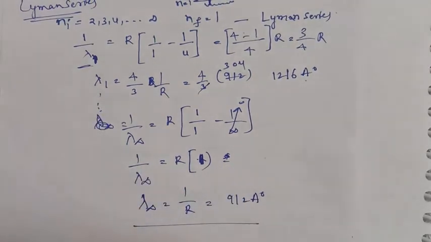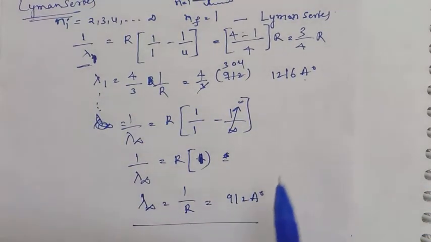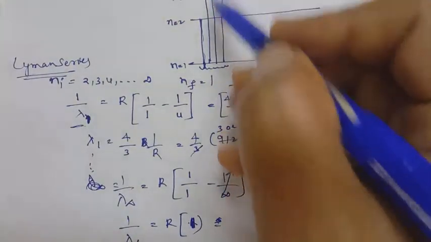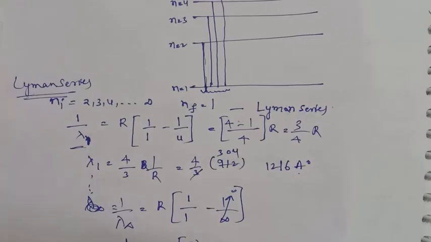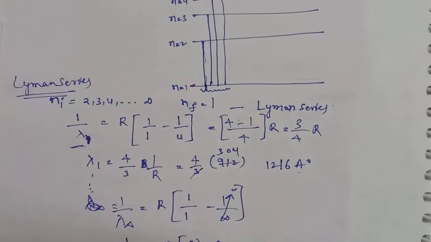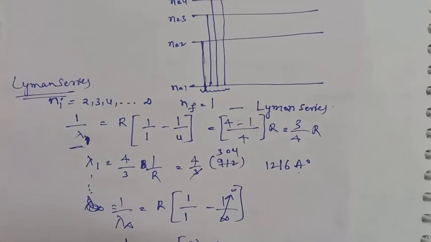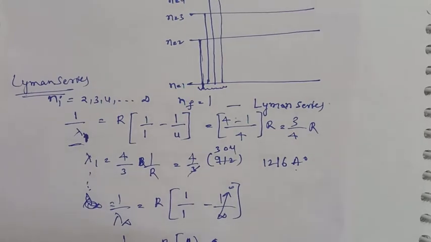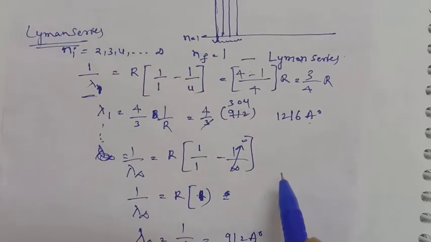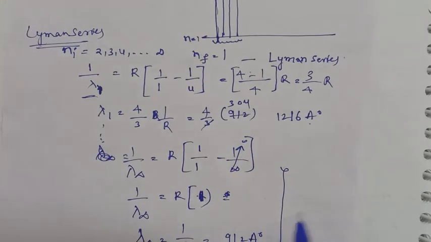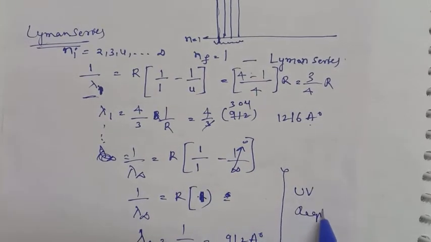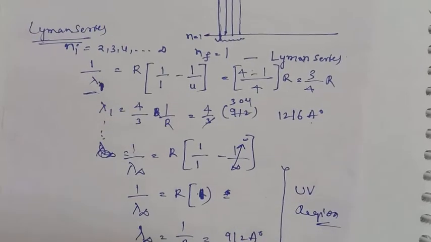From lambda 1 to lambda infinity, the wavelength varies from 1216 angstroms to 912 angstroms, so it exists within the UV region of the spectrum.